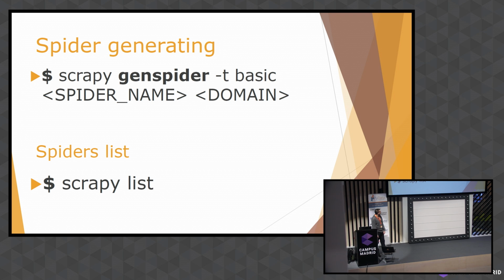We can use the scrapy command for creating automatically the backbone of the spider, with the genspider command indicating the spider name and the domain, that is the URL from which the spider starts the crawling process. And if we have more than one spider, we can use the scrapy list command to list all the spiders that we have in our project.